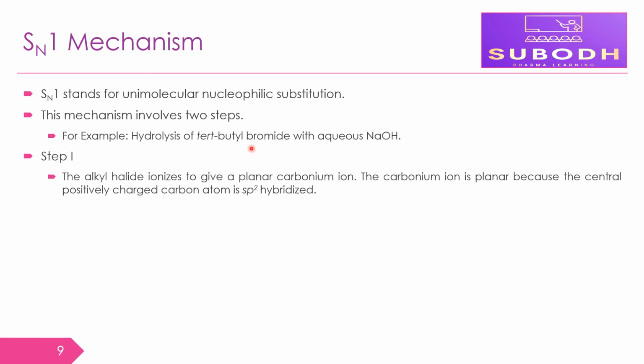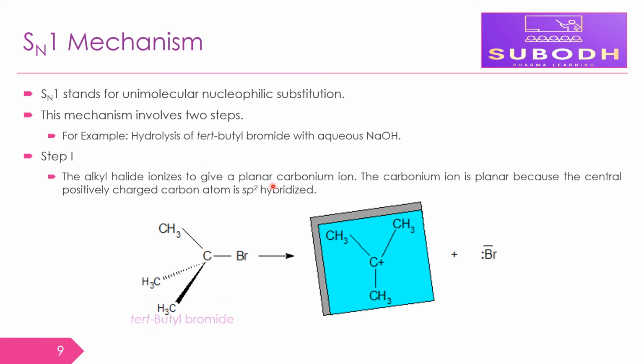In step 1, the alkyl halide ionizes to give a planar carbonium ion, and the carbonium ion is planar because the central positively charged carbon atom is sp2 hybridized.